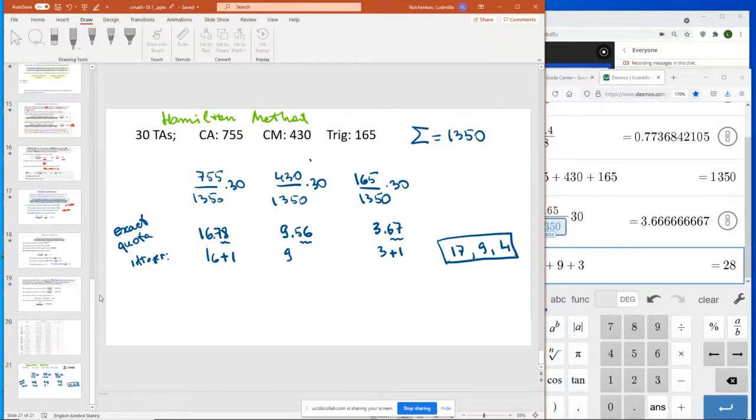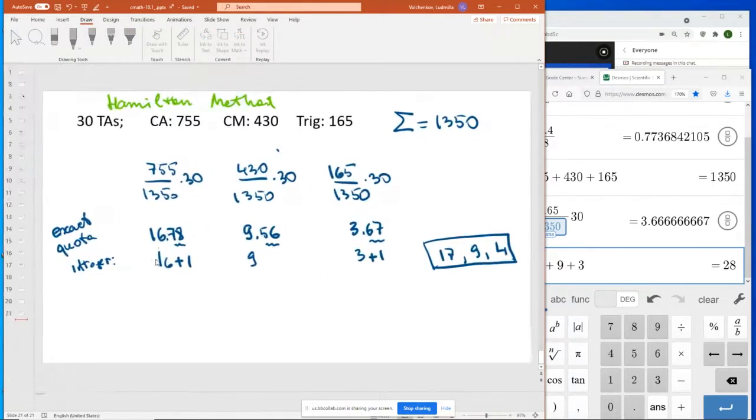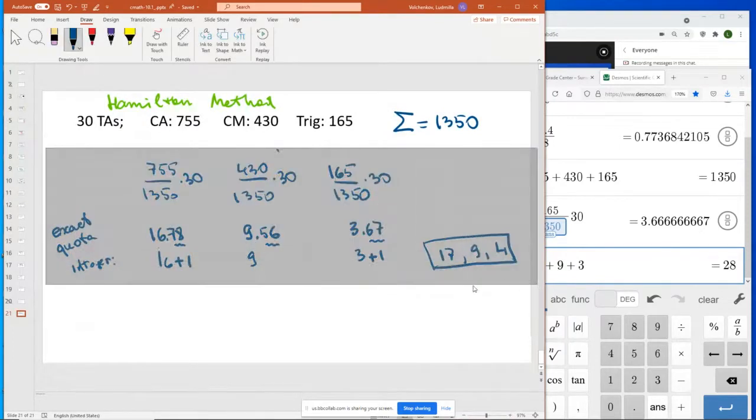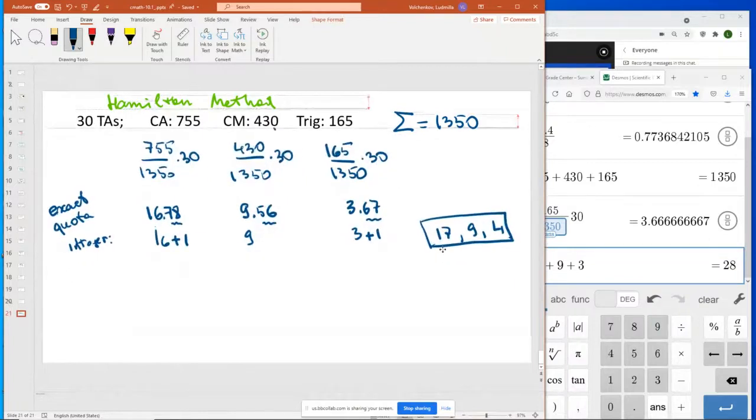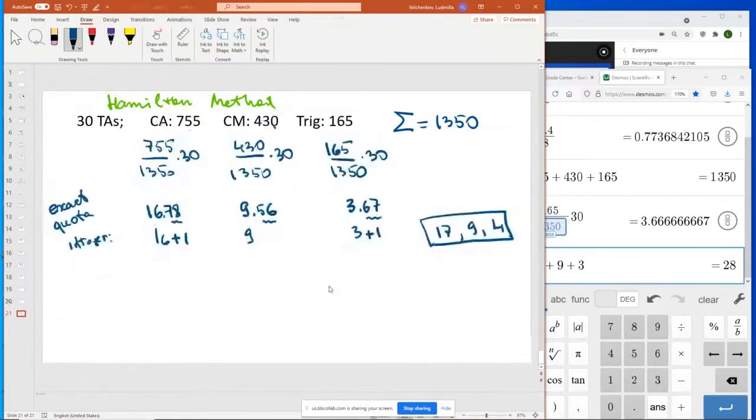Cannot copy the slide. Okay, Huntington-Hill method. We need Huntington-Hill numbers.